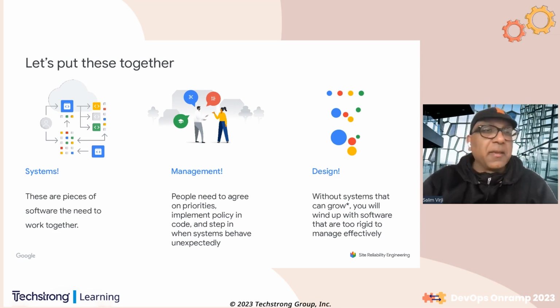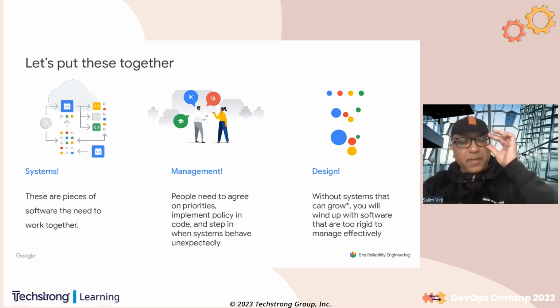But when we put all of these together, we have pieces of software that need to work together. And these are software ecosystems, or just systems. We called each of the pieces of software a service or microservice. We also need a way for people in our organization to agree on priorities.